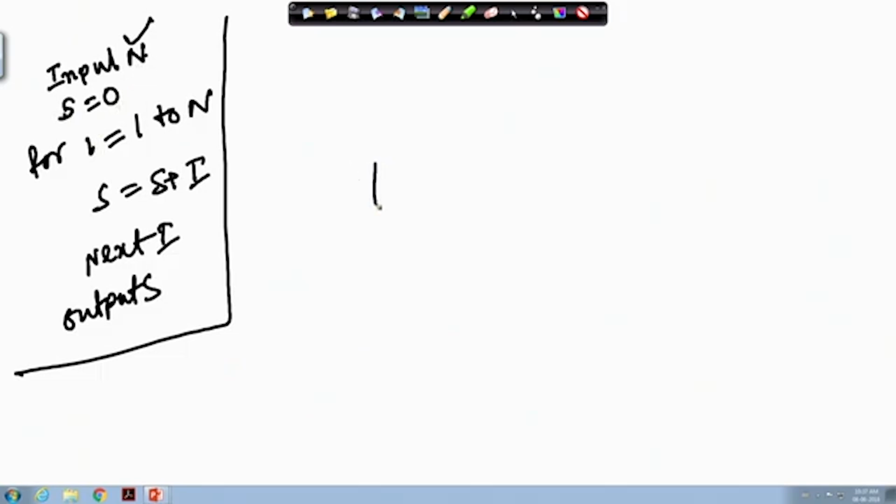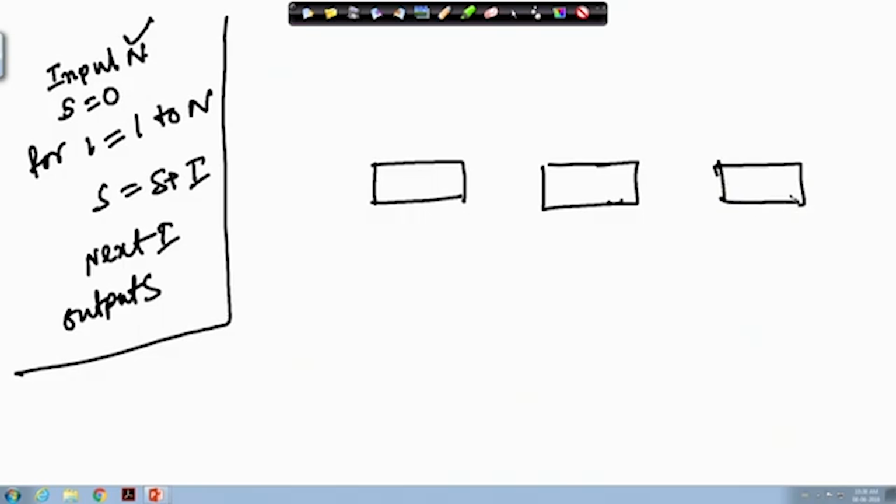So, initially what will I do? I will put it like this. Okay. So, this is s, this is n, and this is I. I is basically an up counter, counting from 1 to n.